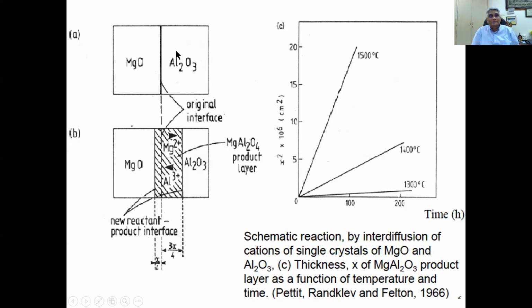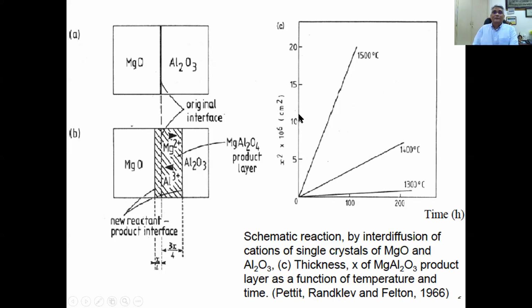So what happens is when you make a reaction happen between MgO and Al2O3, it's all about interdiffusion of ions from one side to the other, right? So let's say you start with a block of MgO, Al2O3, and for diffusion to happen, diffusion cannot happen at room temperature. So you need a high temperature process.